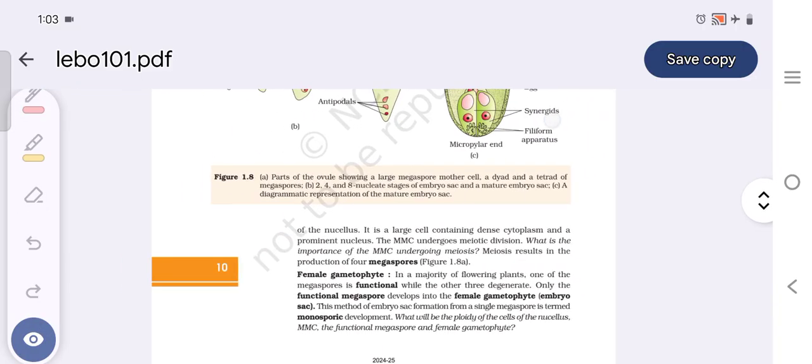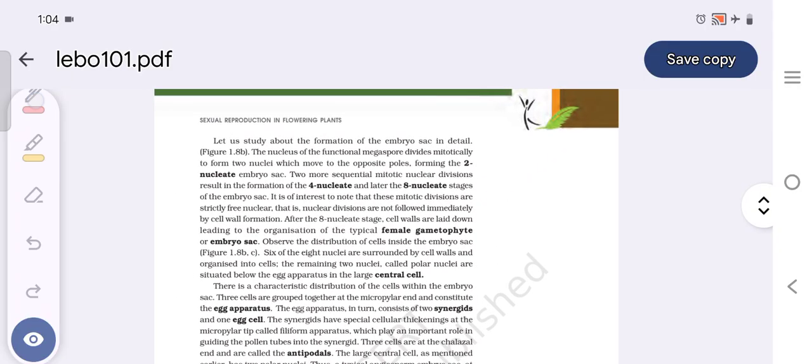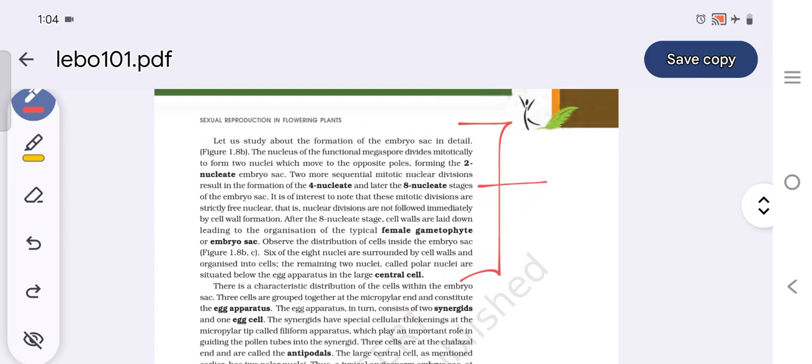So let's go forward with the process. This paragraph will tell you how the nucleus inside this megaspore would divide. And what is the division there? It is mitotic, very important. So the first mitotic division forms the two nucleate stage. Second and third divisions form the 4 and 8 nucleate stages.